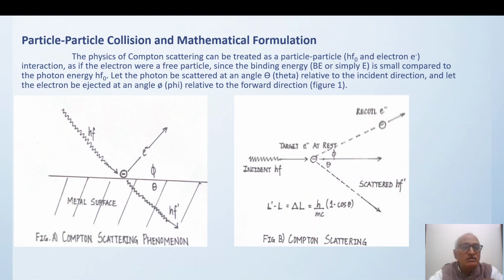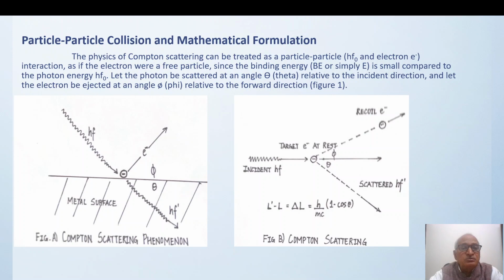In the first diagram, the photon hf strikes the surface of the metal or non-metal, whatever target we are using. It collides with an electron marked by a circle with a negative mark inside.